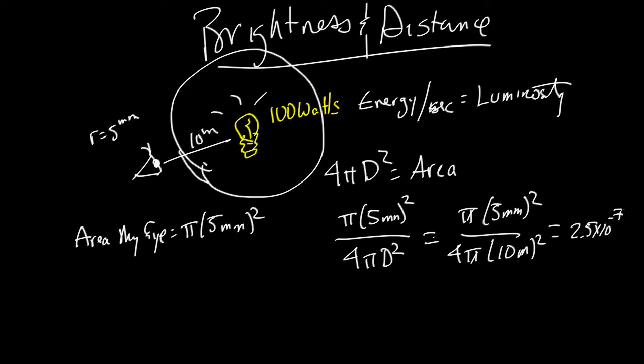But we astronomers don't just use our eyes. We might well use a telescope. A telescope that was, if it's very small, 50 millimeters in size. And if I do that same calculation here, instead of being 5 millimeters, I'm going to have 50 millimeters up here squared. Everything else will be more or less the same.